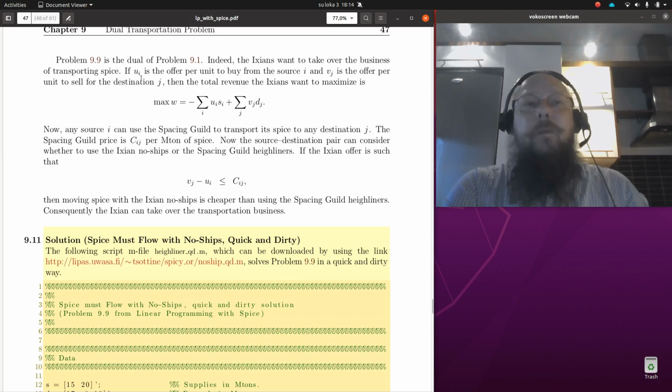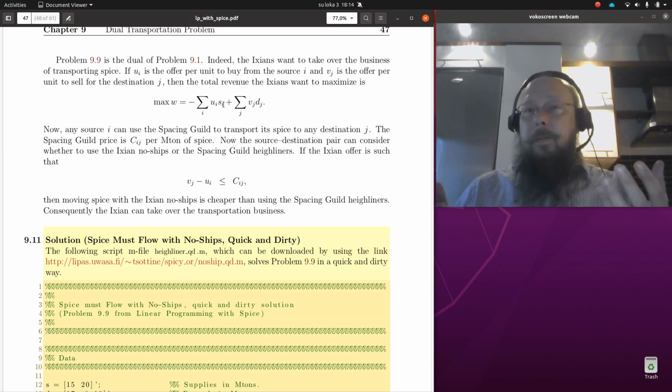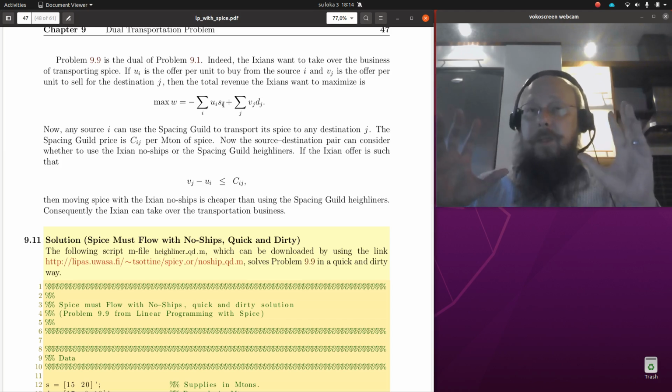So if they offer ui per unit from source i, to buy, and then vj is the offer per unit to sell for the destination j, then the total revenue the Ixians get with this buying and selling is, of course, this. So u is buying, so this minus u is what they get, and they handle all the supplies because they handle the whole business, the whole transportation.